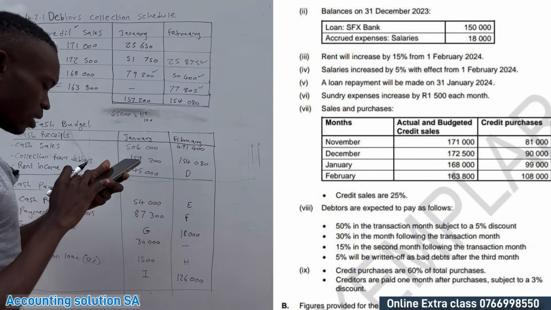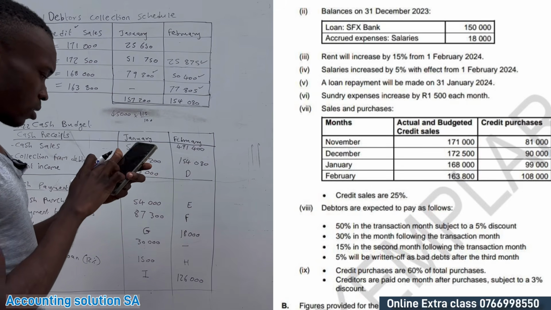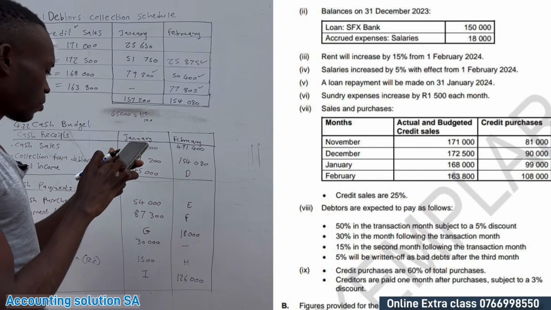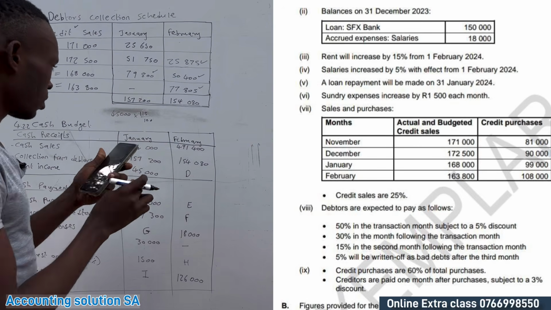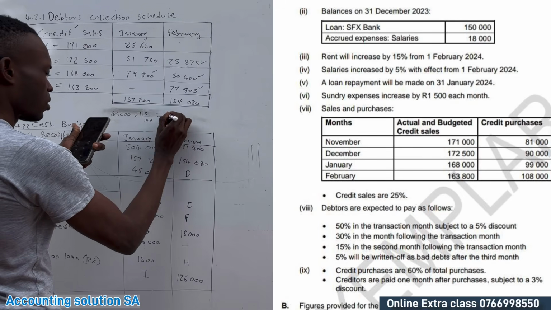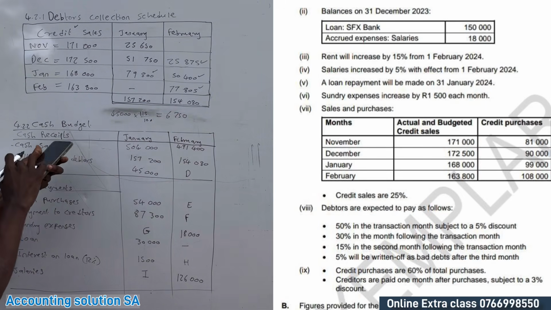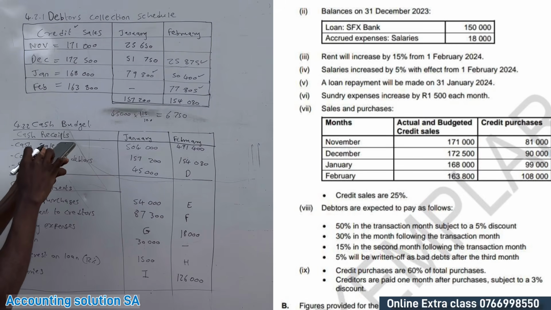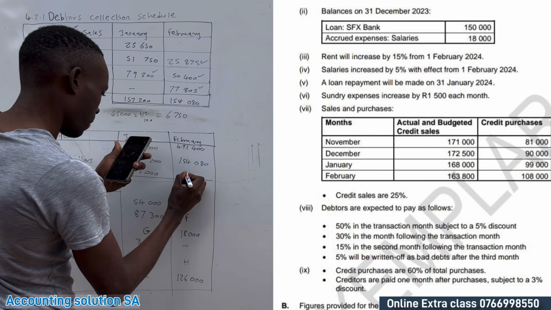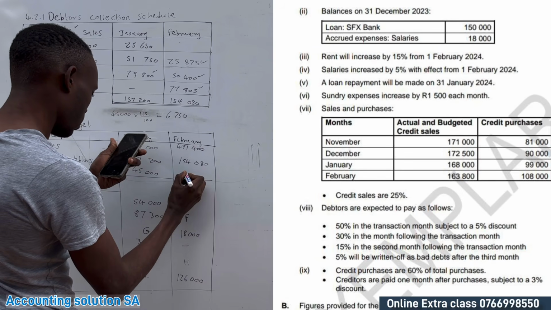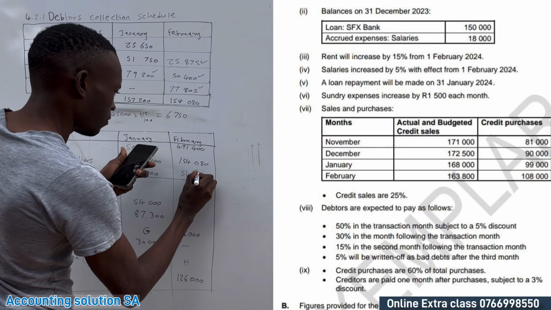Okay, or let me just do it so that other students can learn in a different way. Multiply by 15%. You're going to get 6,750. 45,000 plus 6,750 is going to give you the straight answer of 51,750.